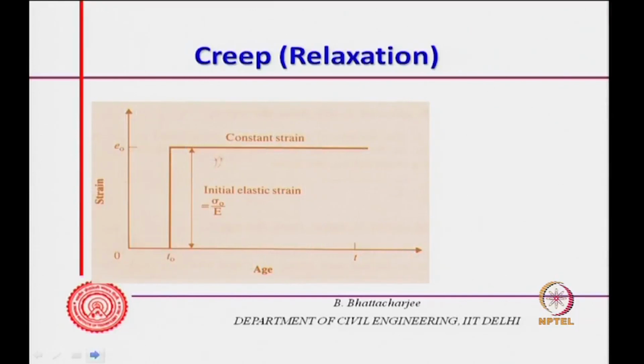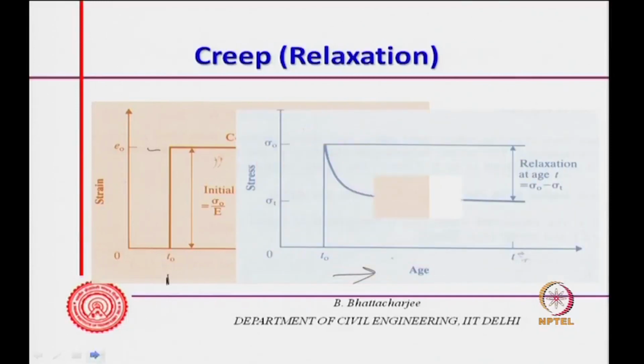So, if I diagrammatically try to look at it, this is my age, and at T 0 I have provided sigma 0 like this, and the elastic strain is like this. But now instead of allowing it to deform further or the strain to increase, I have restrained it.